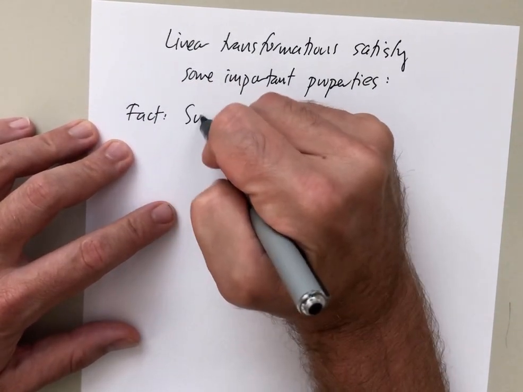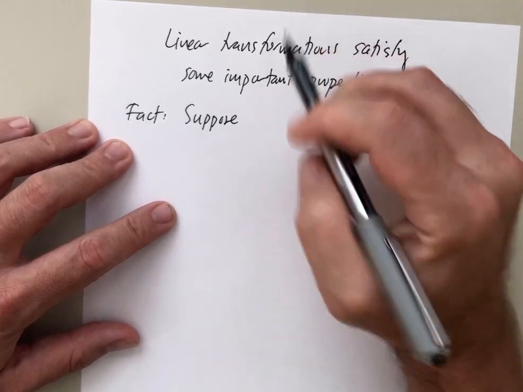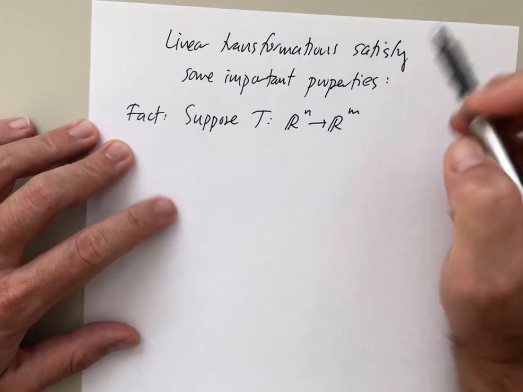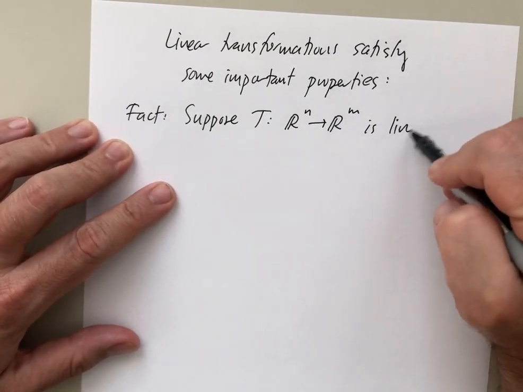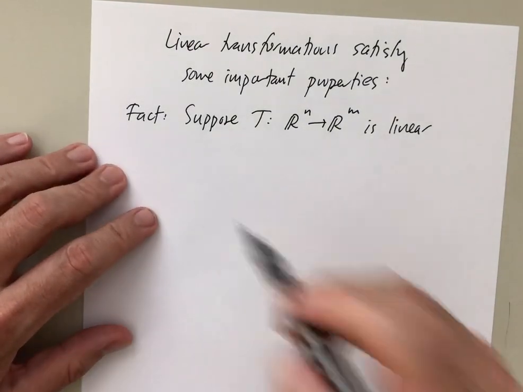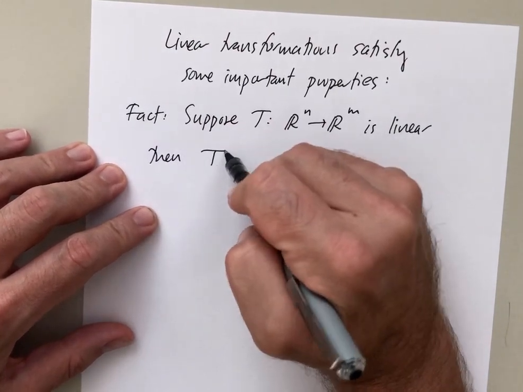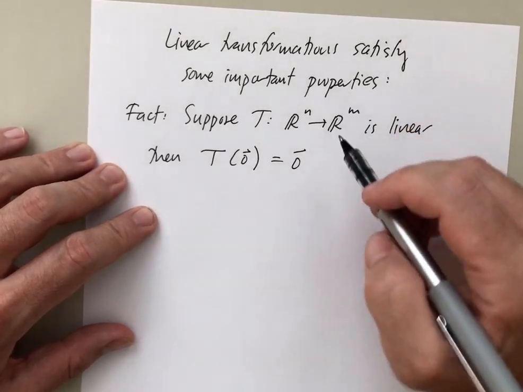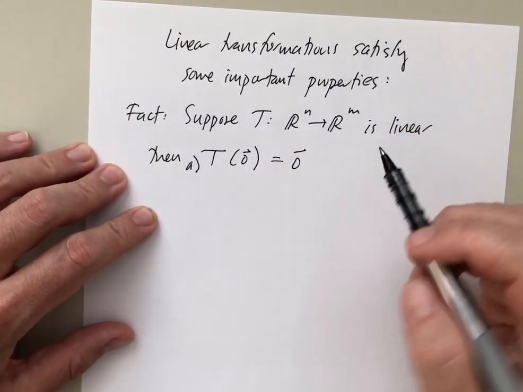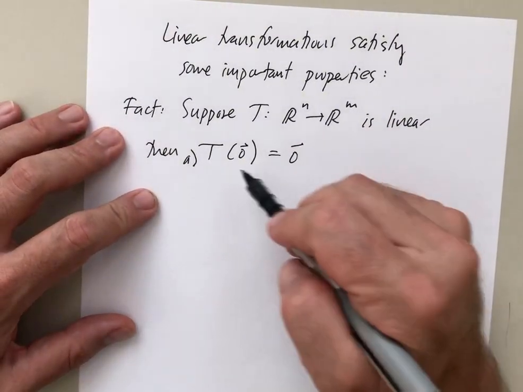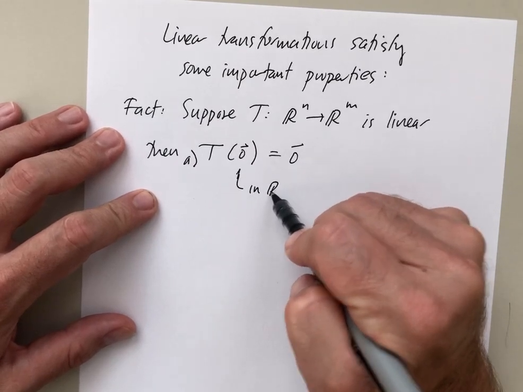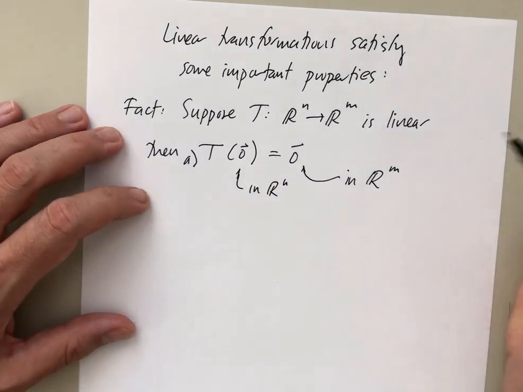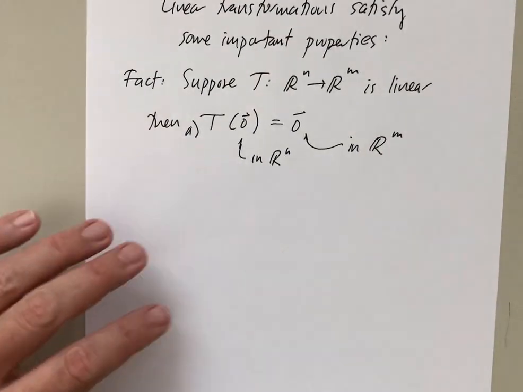Suppose T from R^n to R^m is a linear transformation. Then T of the zero vector always equals the zero vector. So maybe this is part A. We have to be a little bit careful because this is the zero vector in R^n, and then it spits out the zero vector in R^m. So in general, these are actually different vectors. They can have different numbers of coordinates.